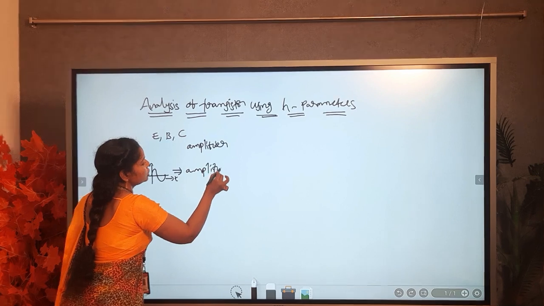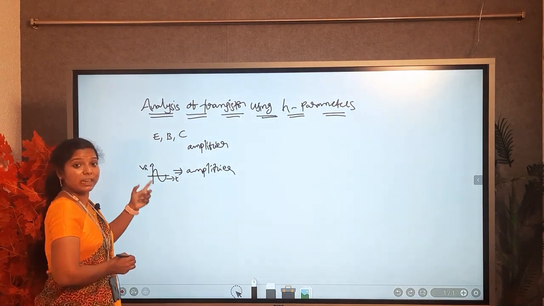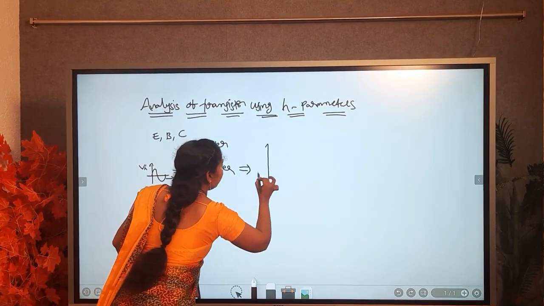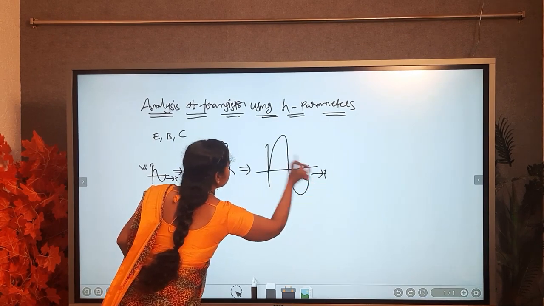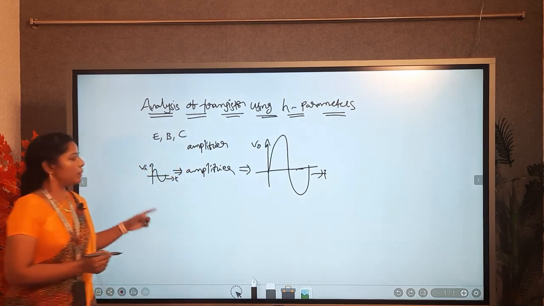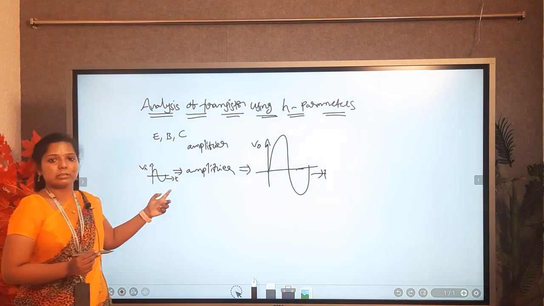What does the amplifier do? The amplifier increases the strength of the weak input signal, so the output becomes very large. So the amplifier is used to increase the input signal strength.